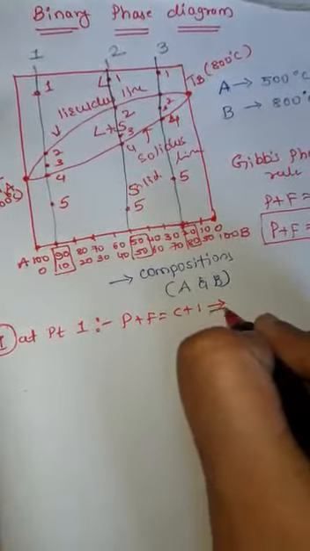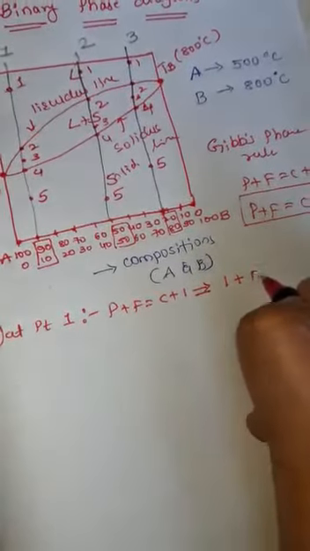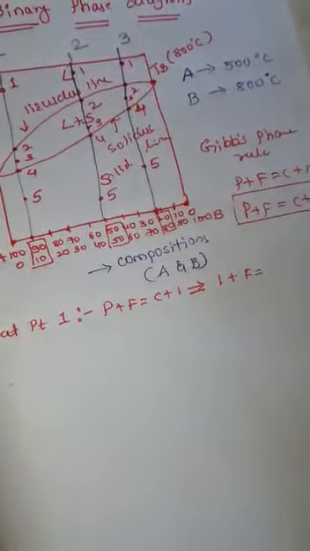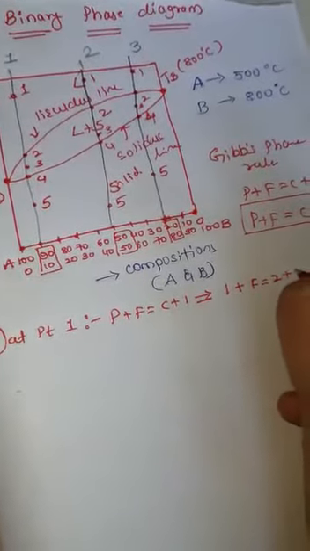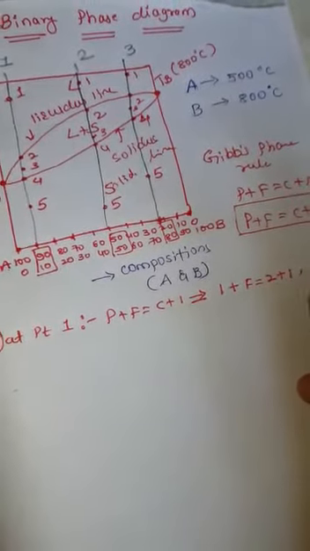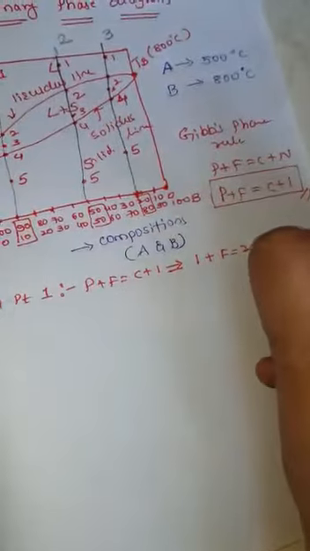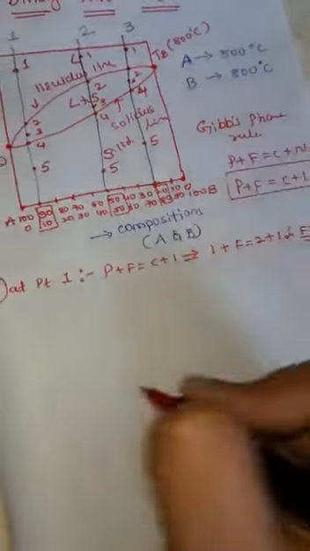C is 2 components, one is A and one is B, so C plus 1 is 3. Therefore, F is equal to 2 at point 1.